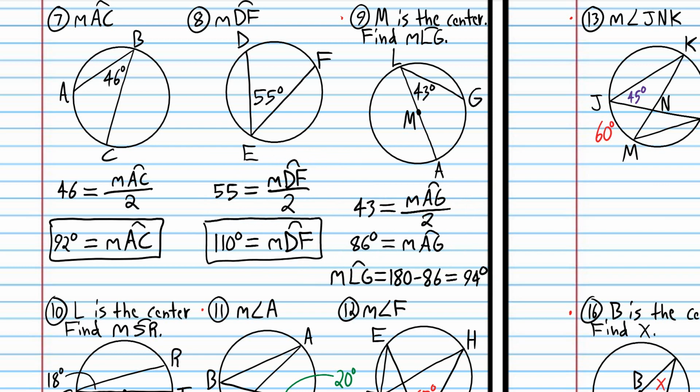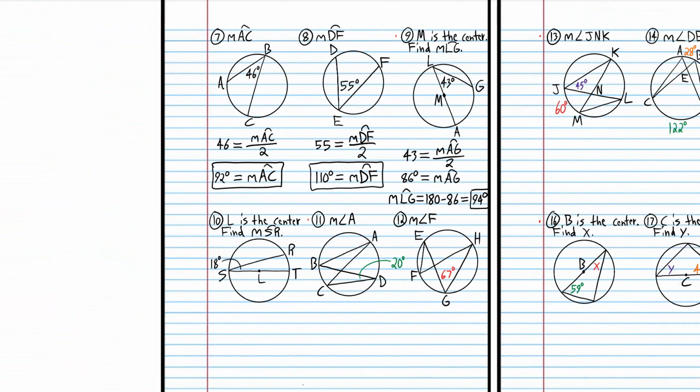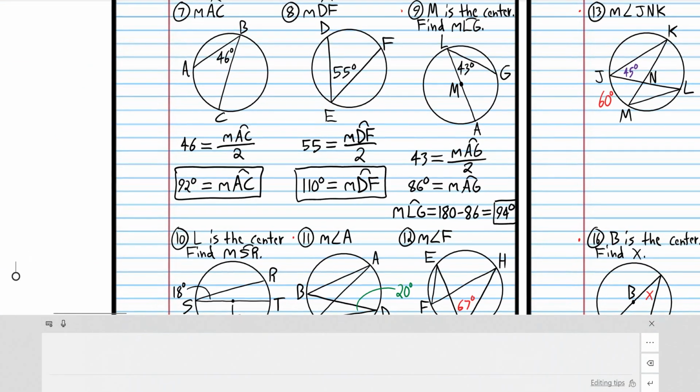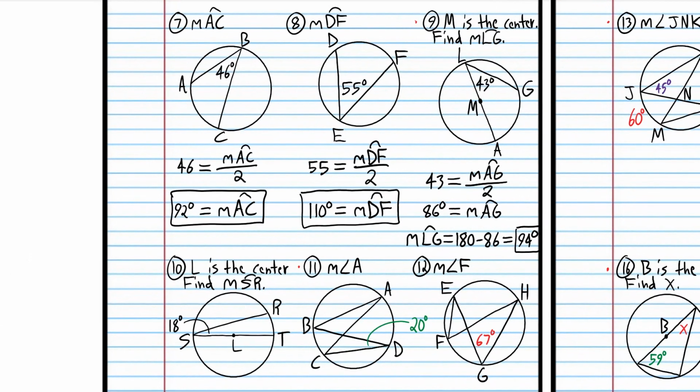Again, just to be clear what we did here, we took 180 and we subtracted this arc, AG, and that gave us the measure of this arc, LG. So it's 94 degrees. That's just kind of a specialty problem. So why don't you try a problem like that? Number 10 is pretty much the same thing. Go ahead and attempt number 10, and when you come back, we'll do it together.